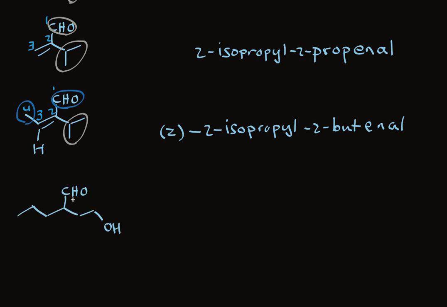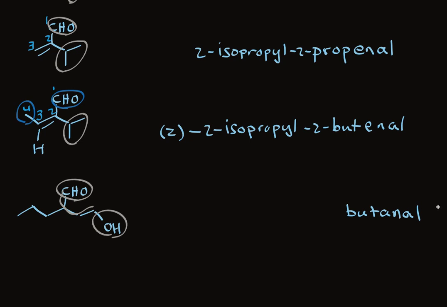Let's look at this one. We have two functional groups. The rules place the aldehyde as higher priority than alcohols. And we'll pick the chain that contains both of those functional groups. So there it is. 1, 2, 3, 4 carbons. It's butanal. Change the e to al. We'll designate the alcohol as a hydroxy substituent.